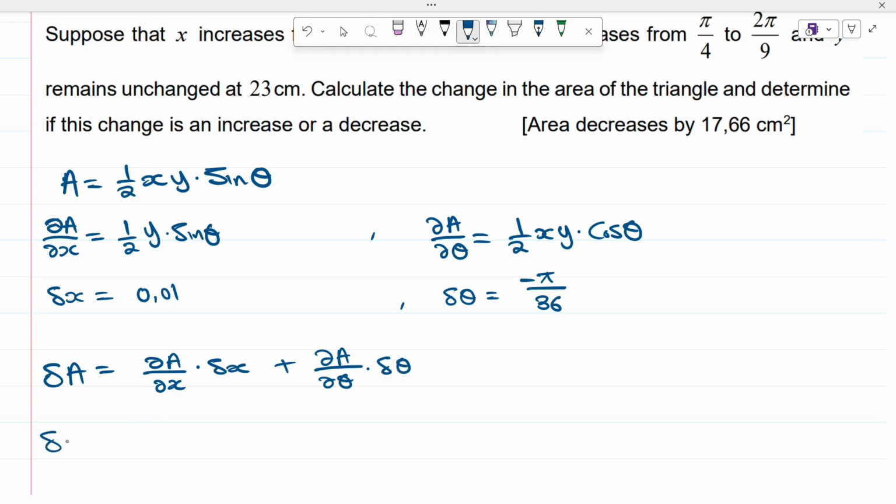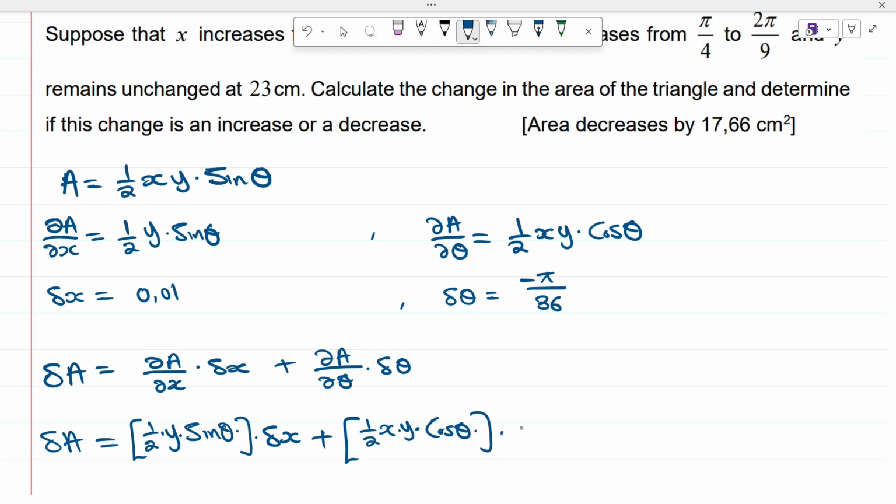Therefore, a small change in area is going to be equivalent to, we have this partial derivative, so we can just substitute that: 1 over 2y sine of theta multiplied by small change in x, plus, we substitute again, 1 over 2xy cos of theta multiplied by small change in theta.